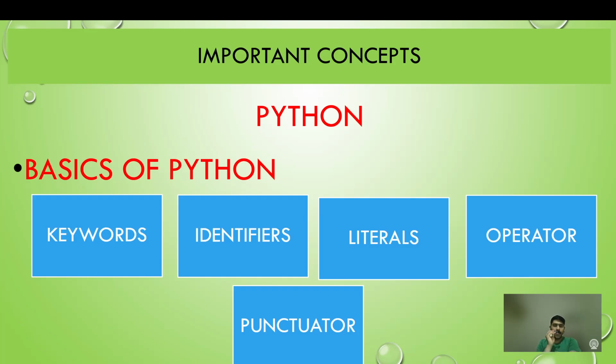Remember it. You can get a variety of questions from this basics of Python, like the different keywords you are using. A keyword is a kind of reserved word, like break, continue, class, false, true, if.